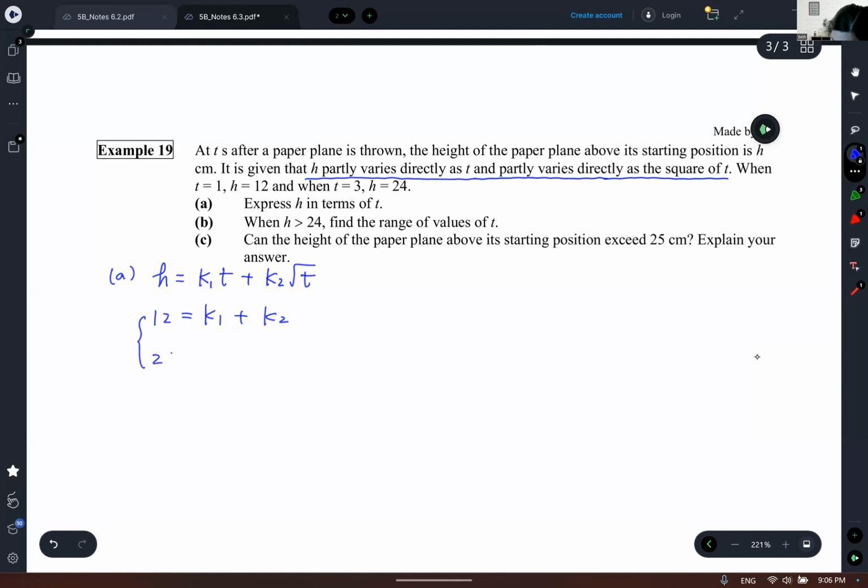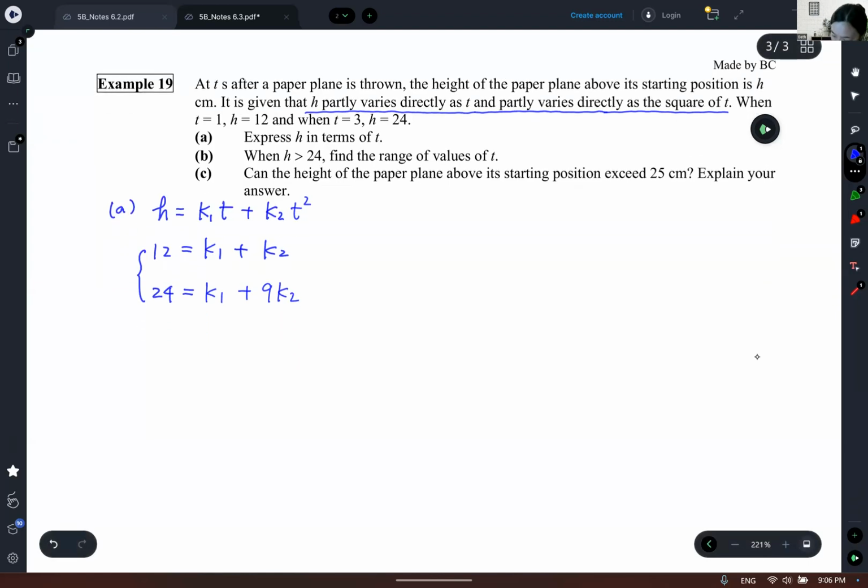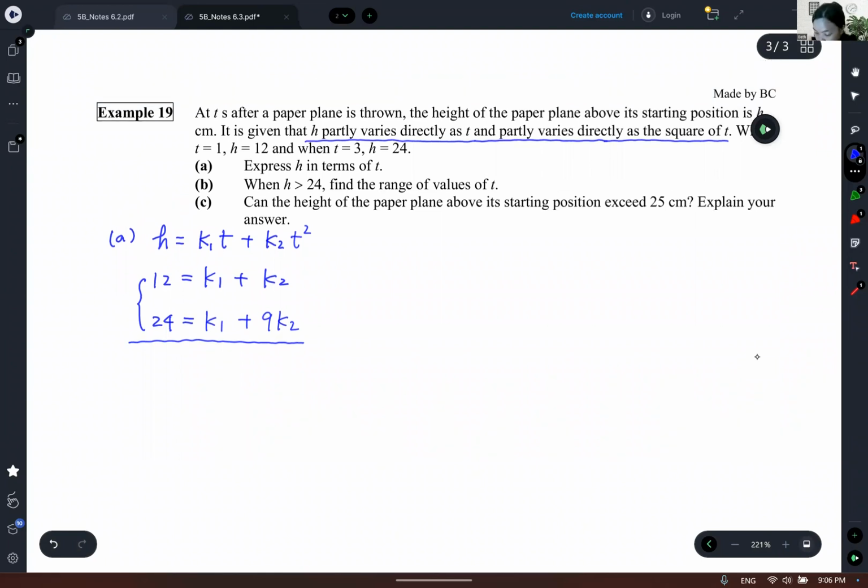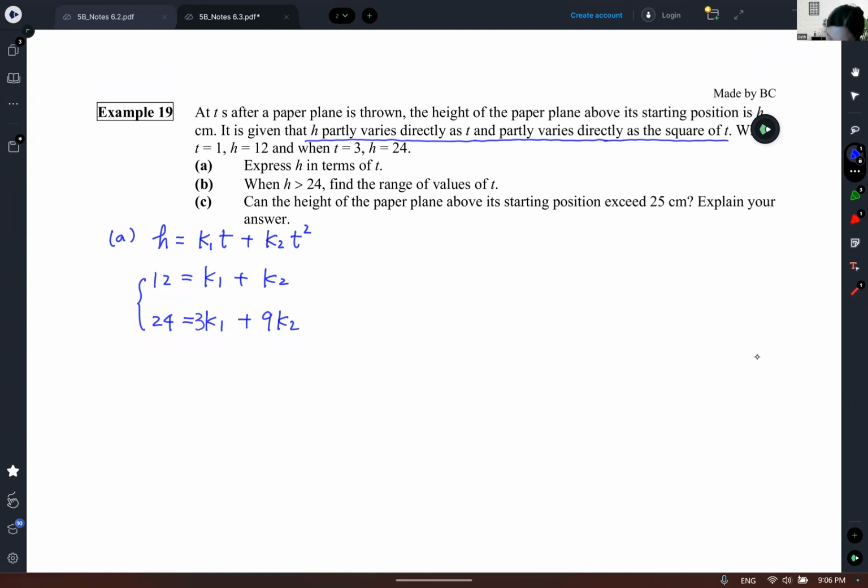The other one is 24 equals k1 plus 9k2, the square of t, not the square root of t. I hope I'm not wrong. Sorry, I am wrong. It's 3. I am wrong. So I need to reduce the equation so I can eliminate.